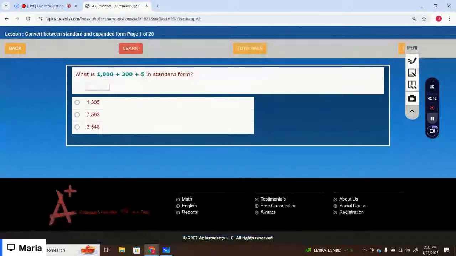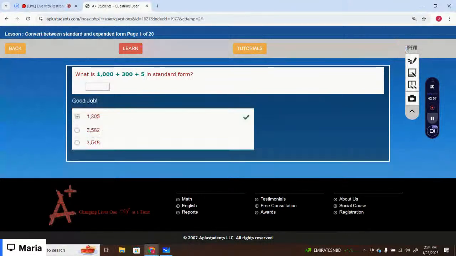What is 1000 plus 300 plus 5 in standard form? Option number 1 is the correct option. That is 1305.